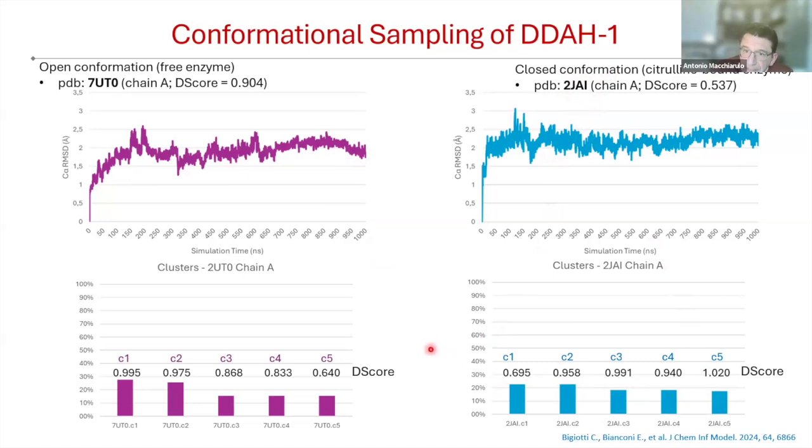As you can see here, notwithstanding starting with 2 different conformations featuring 2 different catalytic sites in terms of drug score, we ended up with a good sampling of the conformational space of the catalytic site that produced different values of the drug score.